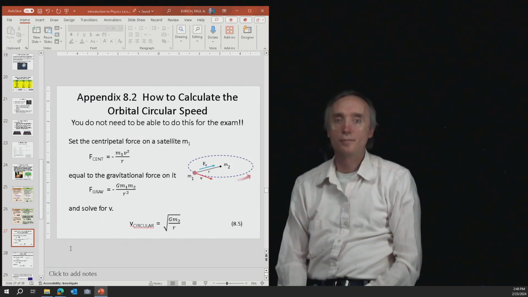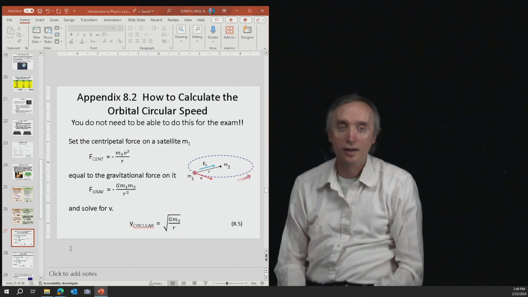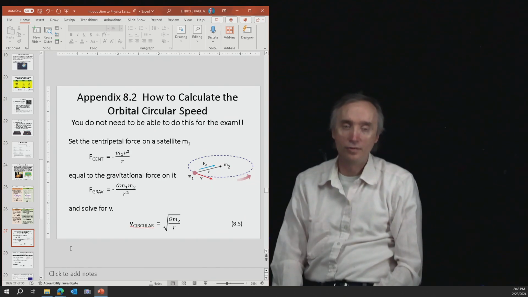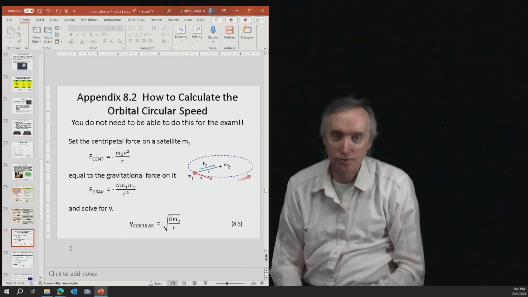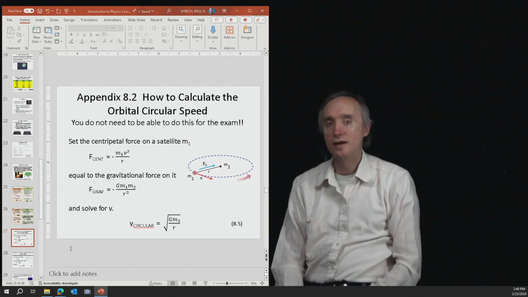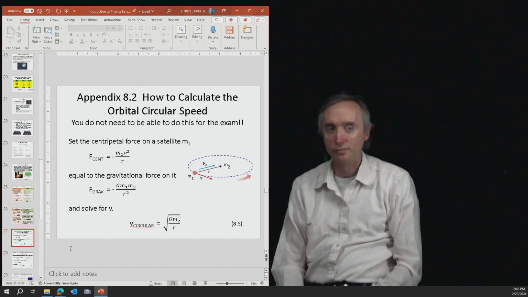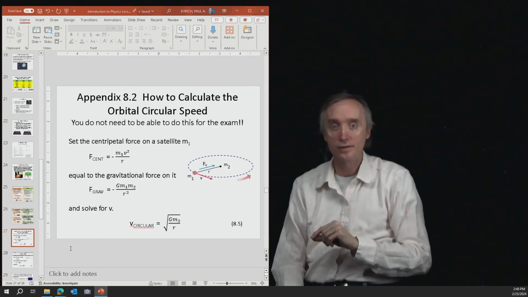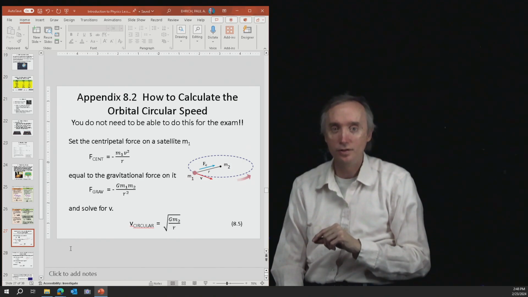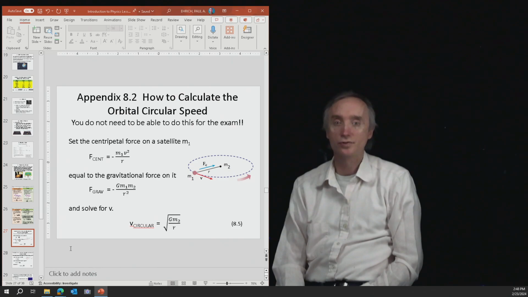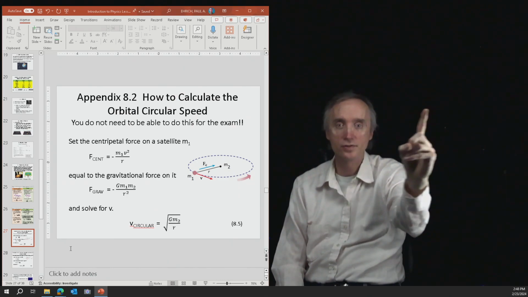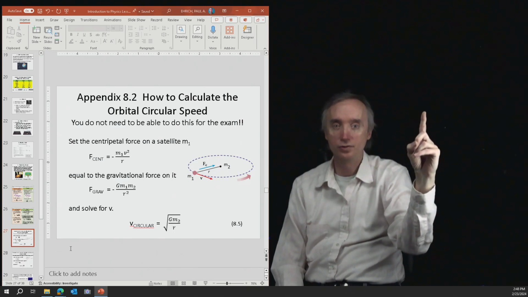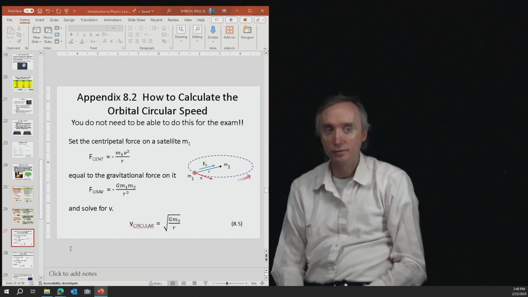Okay, here is appendix number 2, and you notice you don't need to know this for the exam, but I know that there are people watching these videos that say, well, where does that circular speed come from? Well, I'm glad that you asked, okay? Because what you do is you set centripetal force for an object going around in a circle equal to the force of gravity.